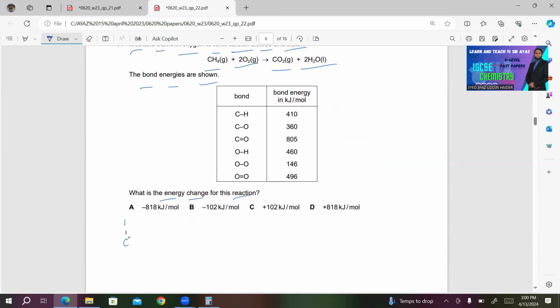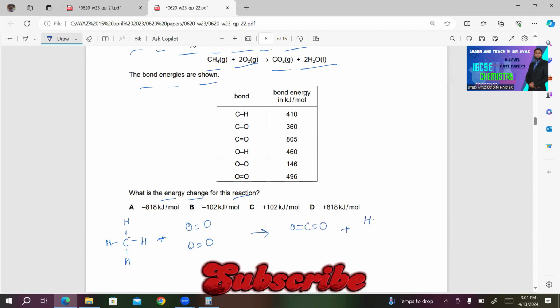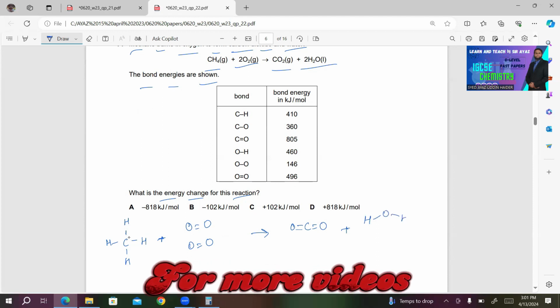I am drawing the displayed formula for CH4 plus 2O2, 2 moles of O2. On the product side, we are getting CO2, O double bond C double bond O, plus 2H2O means 2 moles of water, HOH.